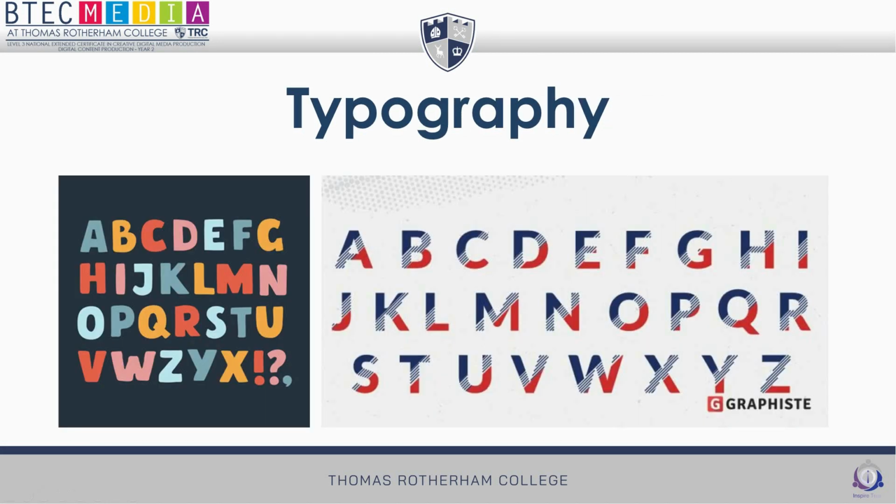Right, now a common misconception is that typography is just referring to the type of font or typeface that has been used for a product. And whilst that is something that you do need to consider, there are other things you need to think about as well when you're thinking about typography as a whole.